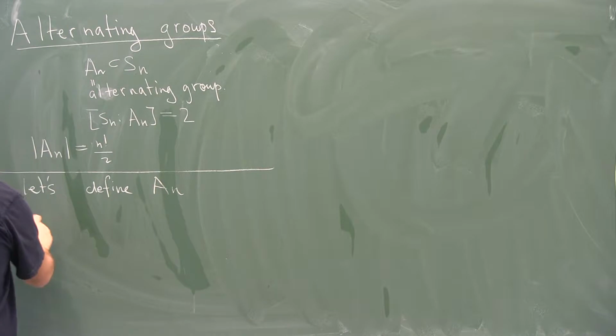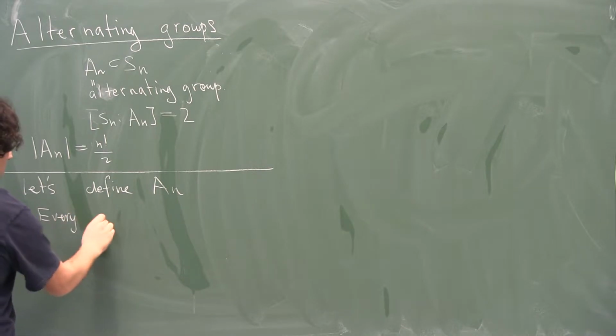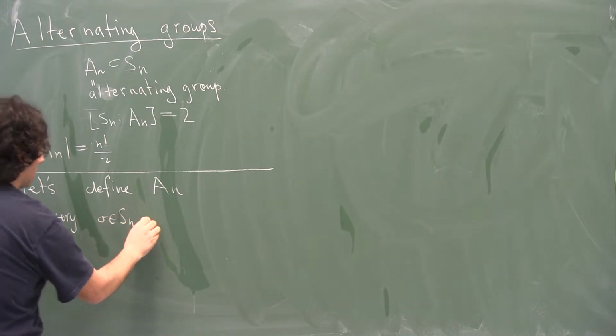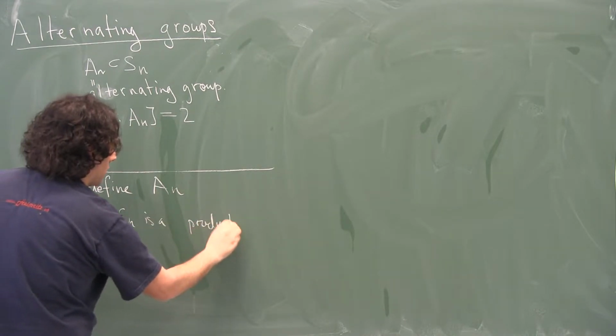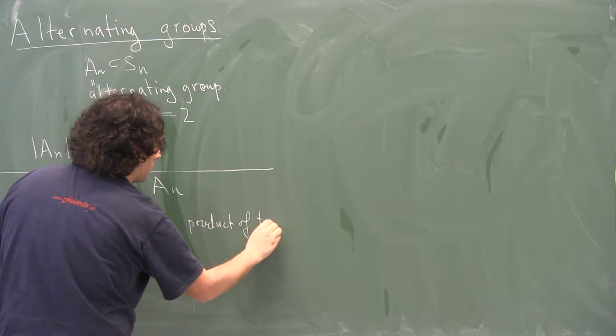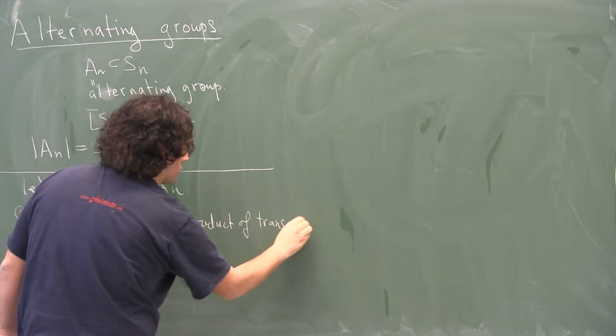Okay, so first we need to observe that every sigma in Sn is a product of transpositions.